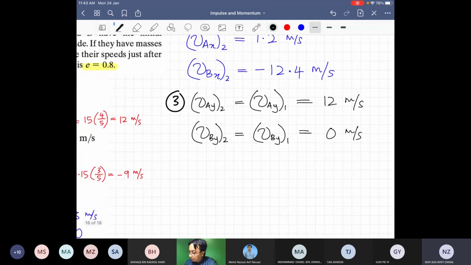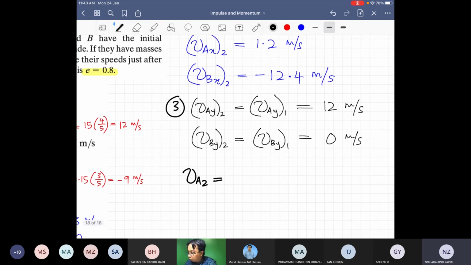Okay, so VA2 is then sama dengan, kita calculate magnitude dia. So 1.2 square, yang ini datang daripada sini. Okay, this comes here, 1.2 square plus VAY 12 square. Yang ini datang daripada sini. Okay, datang daripada AY.